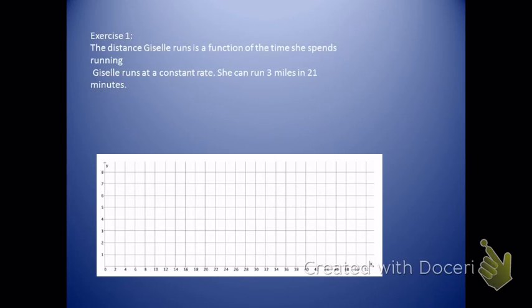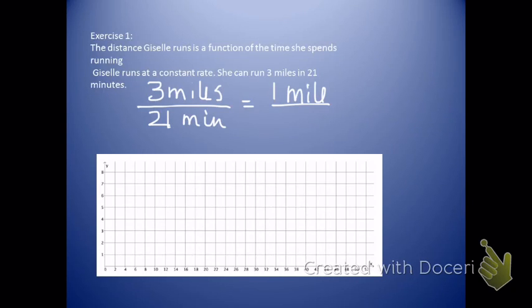Okay, so since she can run 3 miles in 21 minutes, we can write her rate like this. We can say 3 miles in 21 minutes. We can simplify that rate to 1 mile in 7 minutes.